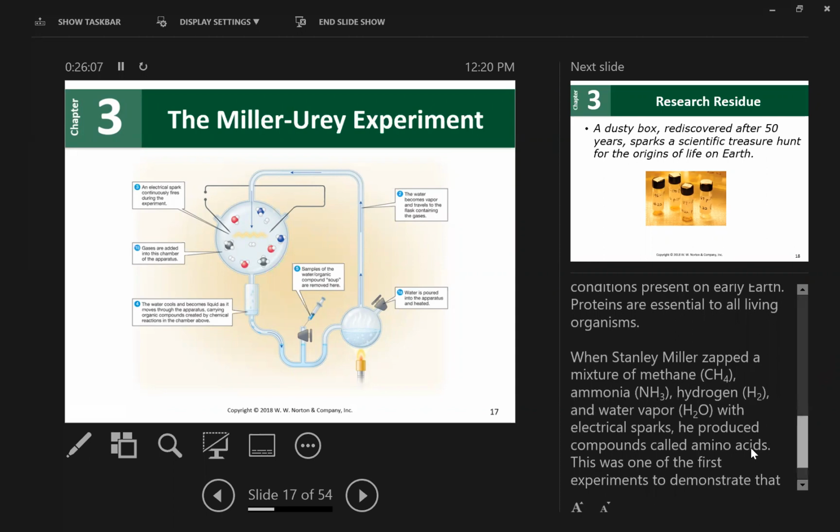So our product coming out of this experiment is going to be the amino acids. Reactants going in, water and the gases. The chemical reaction happens with the electrical spark, and then our product are these amino acids that are collected.